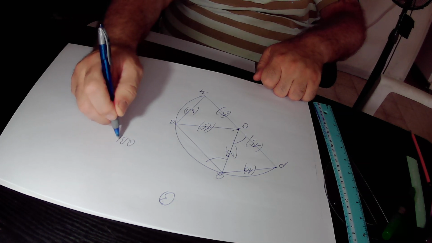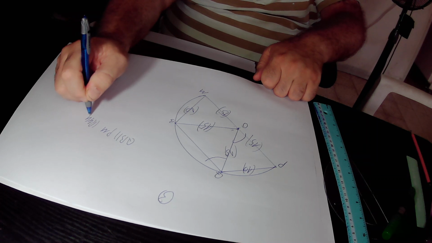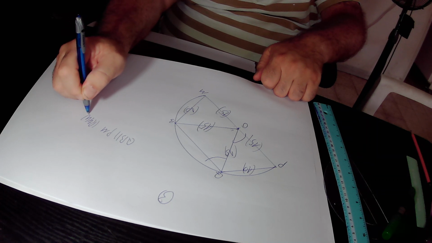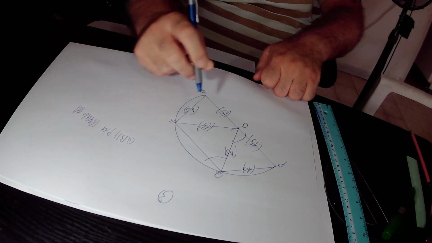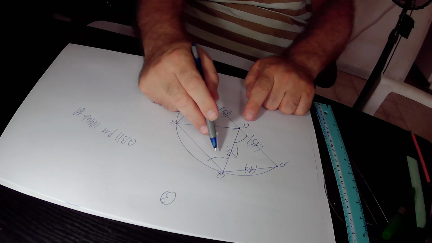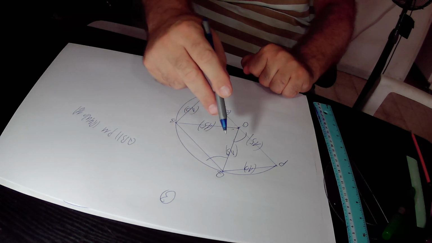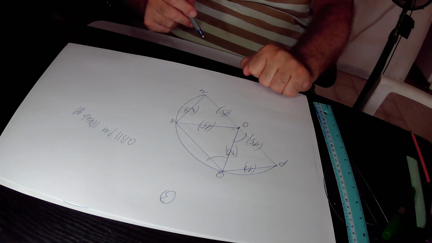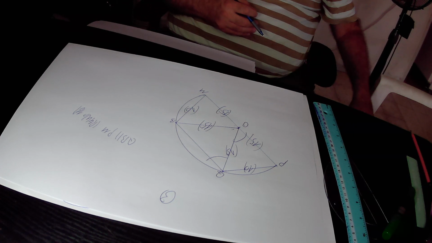QB is parallel to PM according to Rule 18, and those two angles are defined as alternating angles located between the parallel lines QB and PM. And therefore, according to Rule 15, they must be equal to each other.